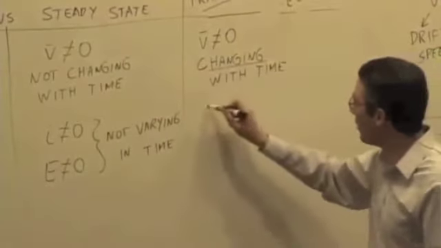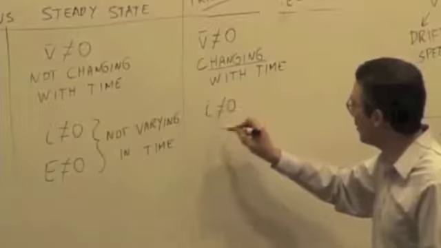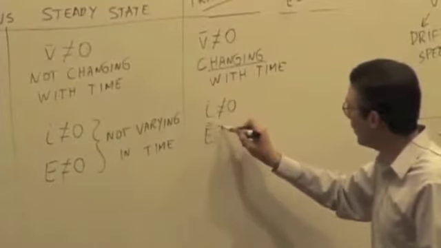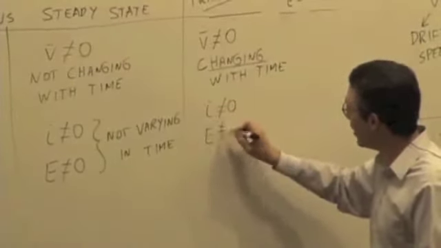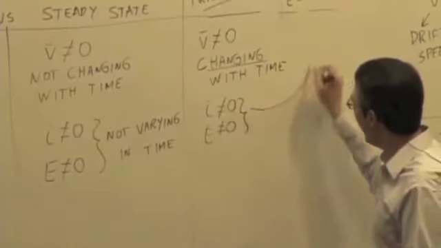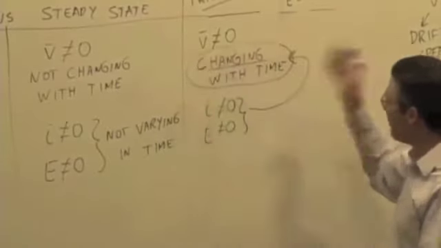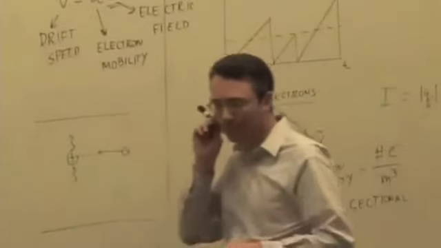And you can say the same thing about the current and the electric field. They're not zero, but they are changing with time. That's the key idea behind a transient. We'll talk more about transients as we go along.